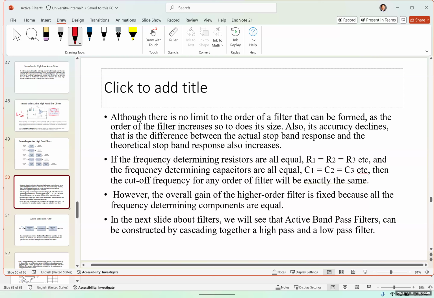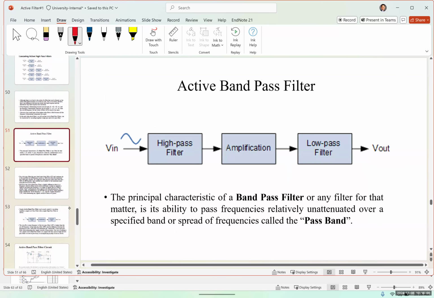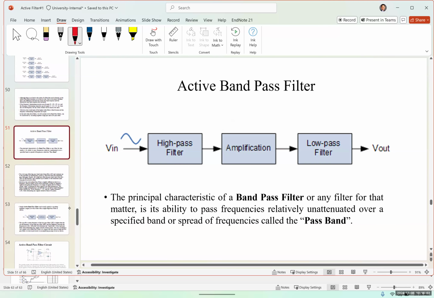In the next slide about filters, we will see that active bandpass filters can be constructed by cascading together a high-pass filter and a low-pass filter. So an active bandpass filter, as I mentioned before as well, is a combination of a high-pass filter and a low-pass filter. If we want a passive bandpass filter, we don't need the amplification.